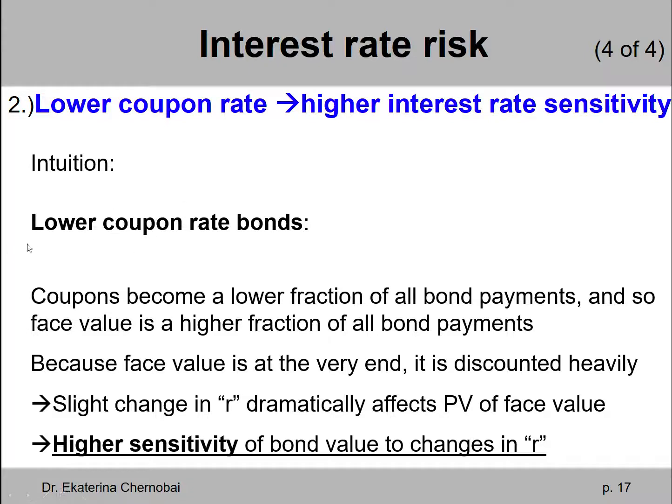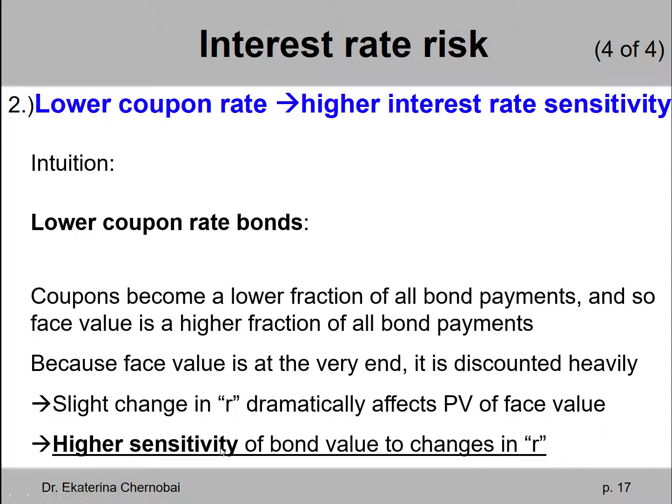So think about what a lower coupon rate bond really means. If the coupon rate is low, right, some small percentage, like 3%, 2%, then relative to the coupon payments, the $1,000 face value will seem like a huge number, right? So the face value is a much higher fraction of all bond payments on the bond payment timeline.